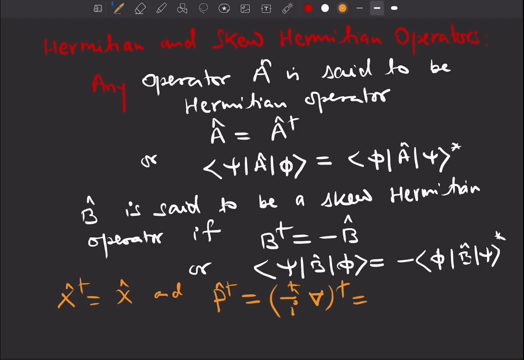They are equal to their corresponding adjoints. So position and momentum operators are Hermitian operators.